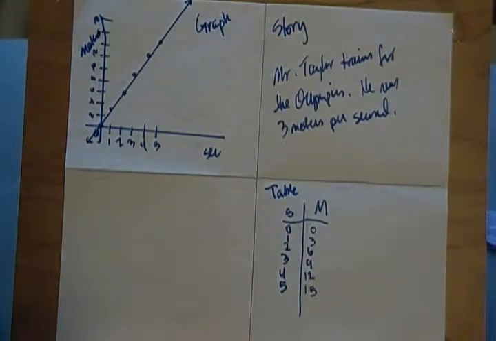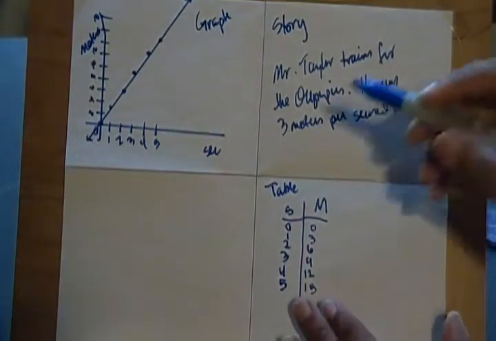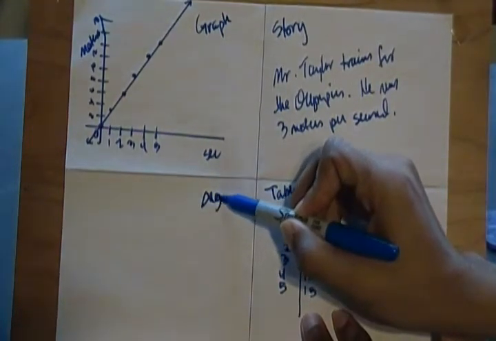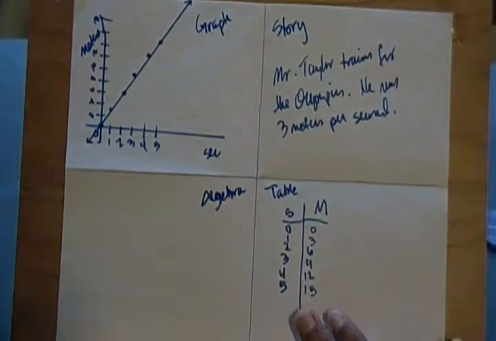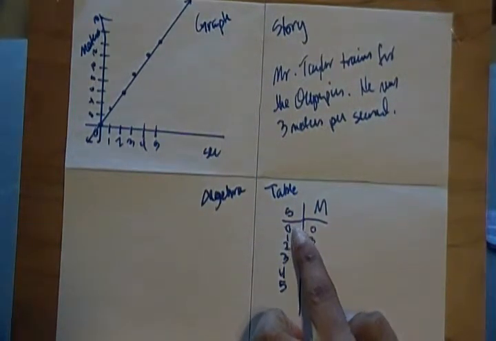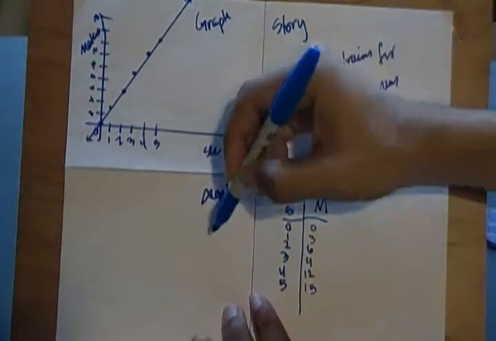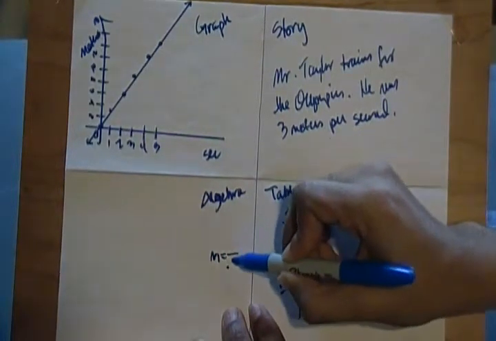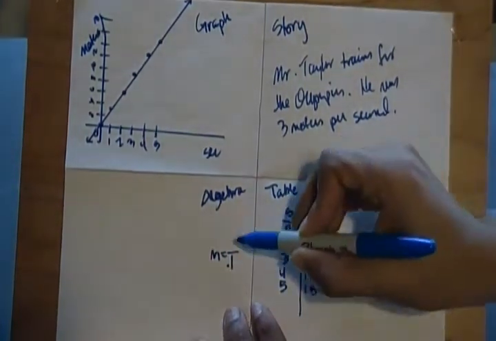The next part is you have to have the algebra. In other words, you have to have the equation. If you notice, the change in s is 1. So when I go to do the slope, which is m, the change in s is 1.